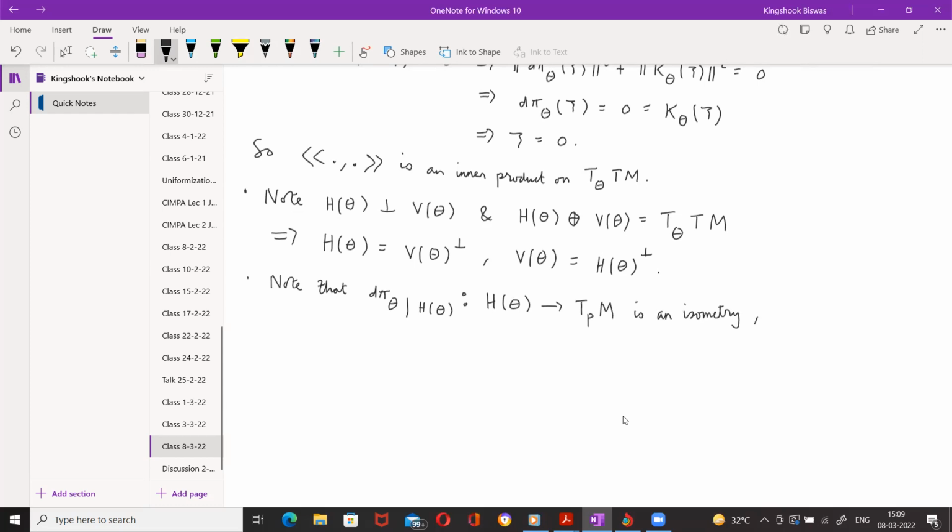Right? Because if xi belongs to h theta, then norm xi squared is equal to norm d pi theta xi squared plus norm k theta xi squared.